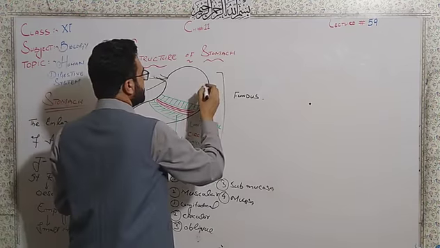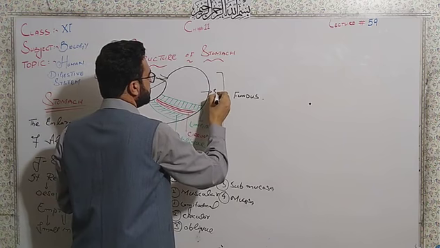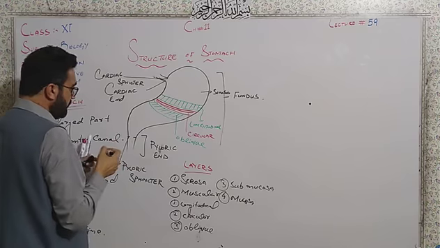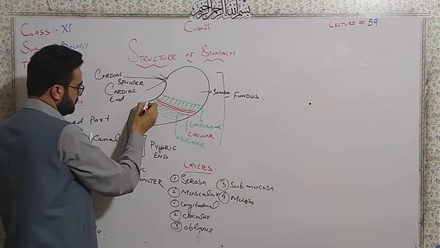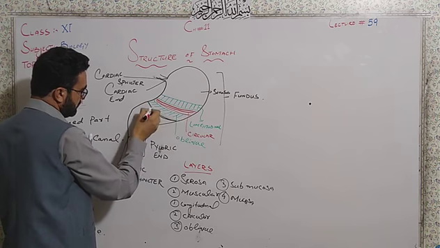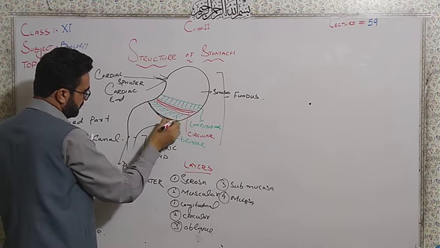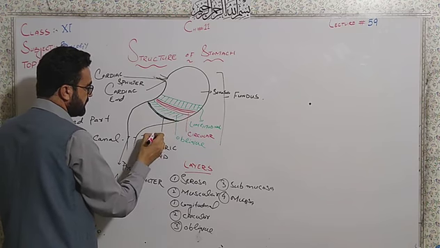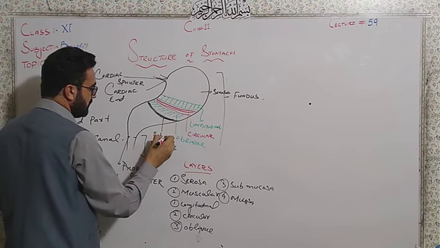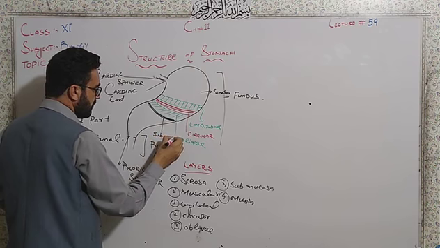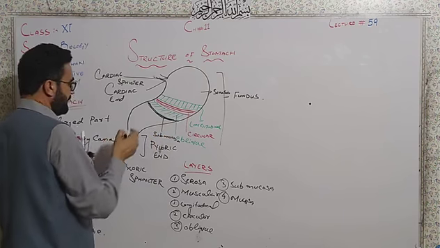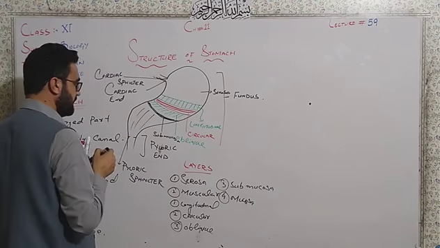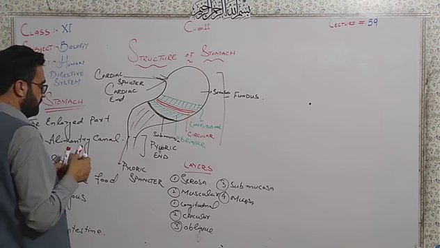One is serosa. And this one is called submucosa. And then the final one, this is called mucosa.